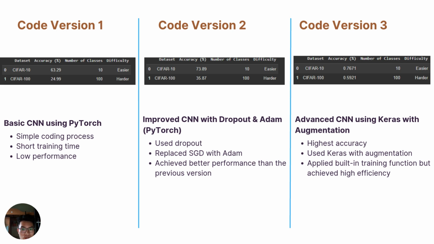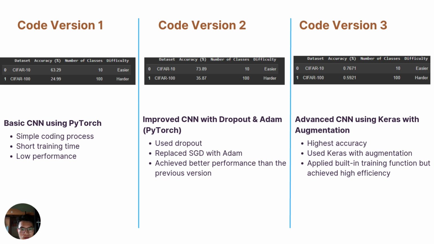And especially in version 3, I made changes to almost the entire structure of the code. I changed the framework and used augmentation. So that's why it has the highest accuracy among the three versions.